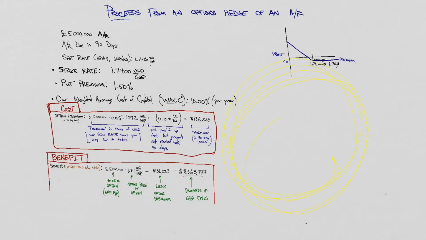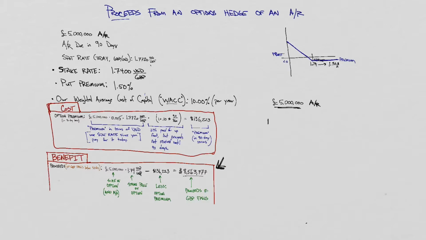But essentially what's going to happen is that for this 5 million pounds received in 90 days, we just wait and see what the spot rate's going to be. And if it's below the strike, then we end up with this route.